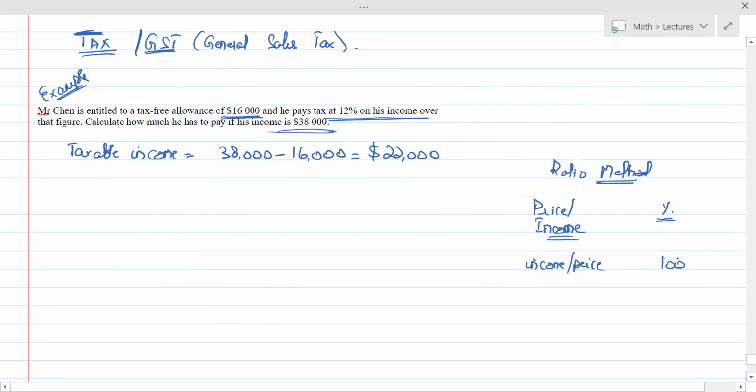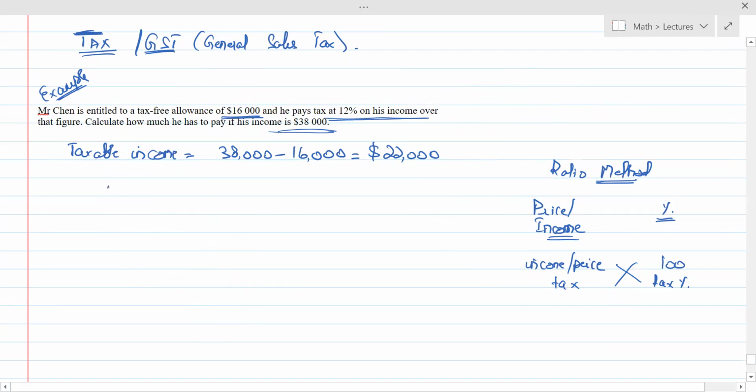Then it's the tax percent, whatever is given, against the tax to be found. So you do this cross multiplication. This is how we'll apply the ratio method in case of taxes as well.